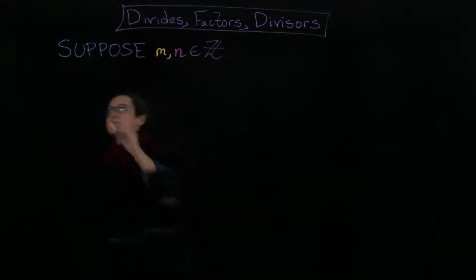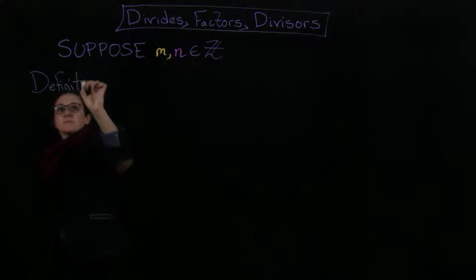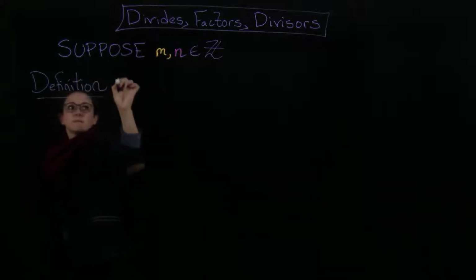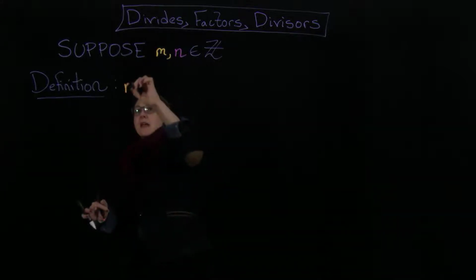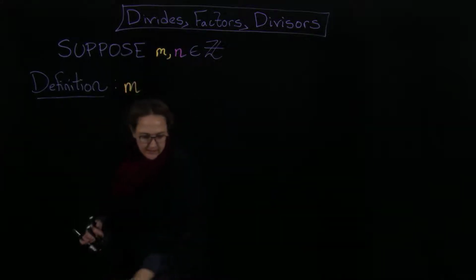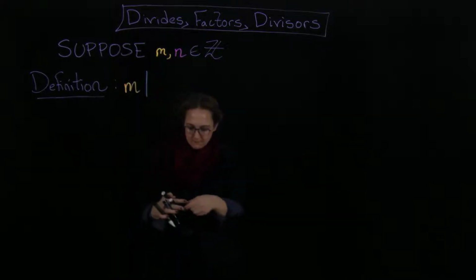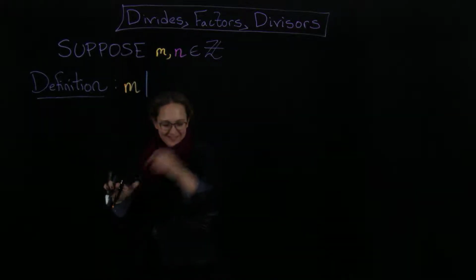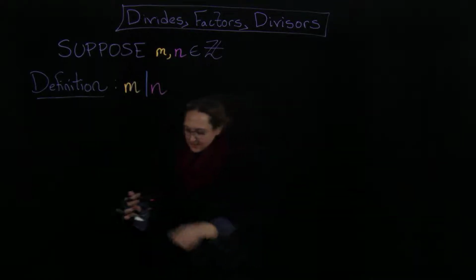And then here's our definition. What it's going to say is that m is going to divide n. Or, this is one way to write it.